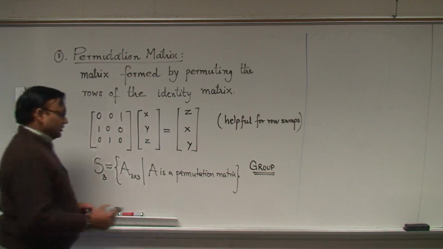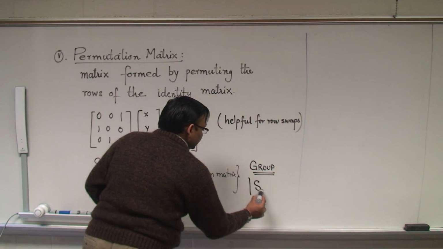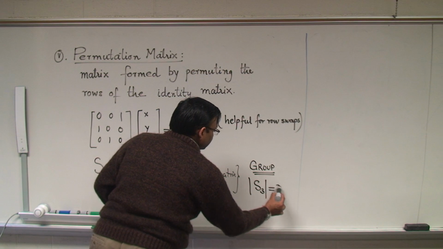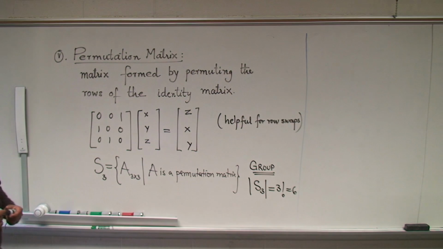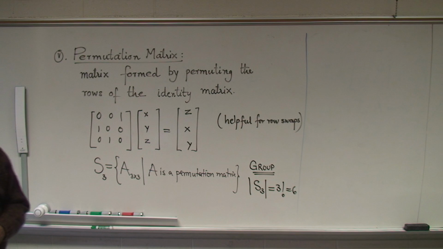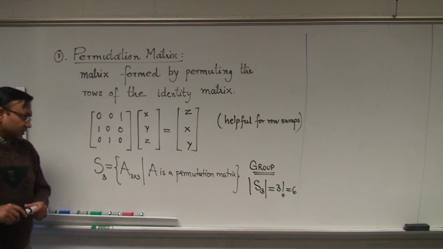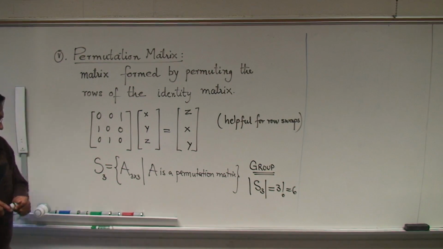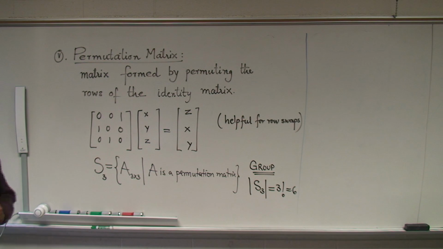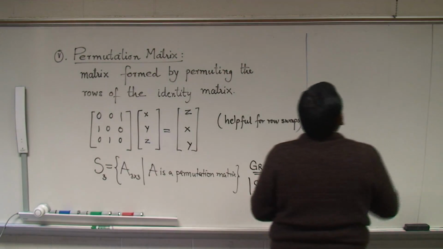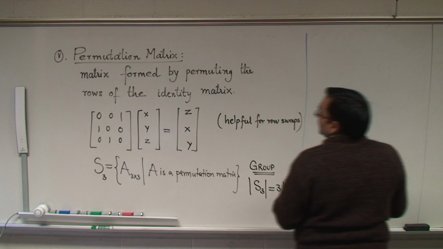If you think about it, the number of elements in this set would be 3 factorial, because you have 3 rows to permute and you can do them in 3 factorial ways. So this set will have size 6. So those of us who may know group theory can think of it as a group of size 6. Anyways, this is a little bit of a digression, but let's see what else we are after.